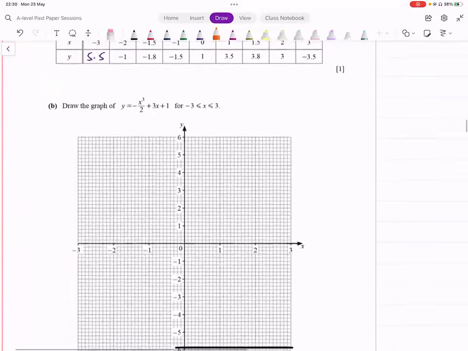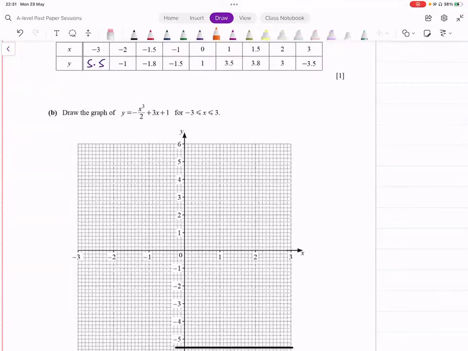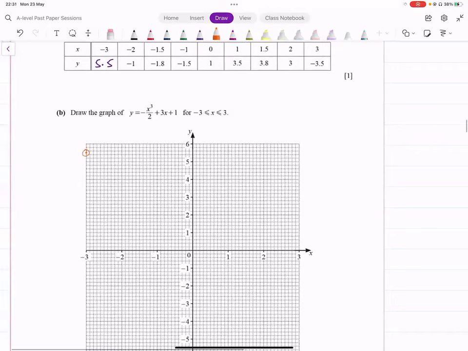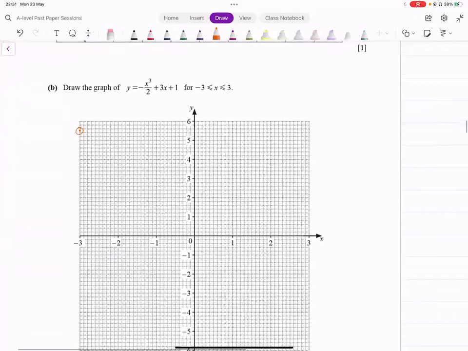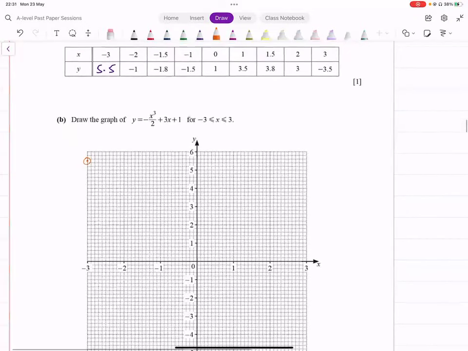-3 and 5.5. Where is that point going to be? -3 and 5.5. That is right here. Okay. Next, we have -2 and -1. -2 and -1. That is here. -1.5, -1.8.